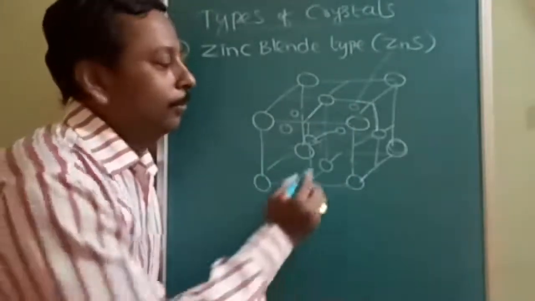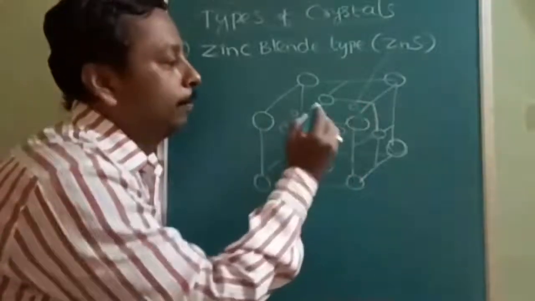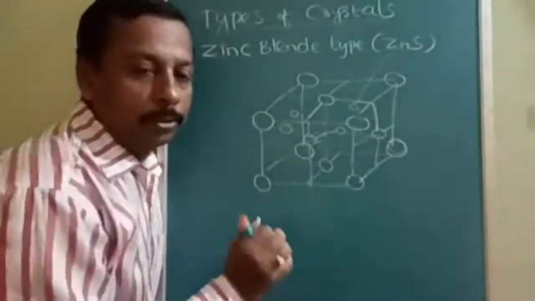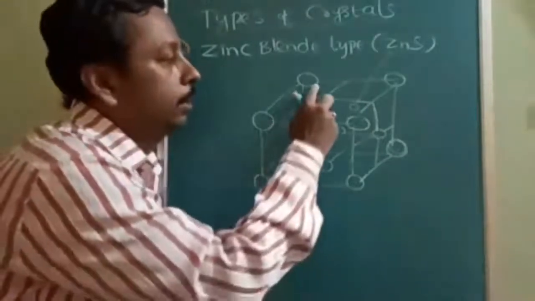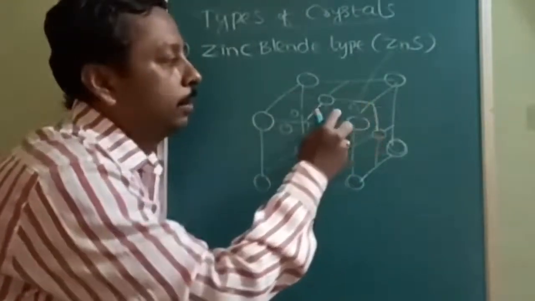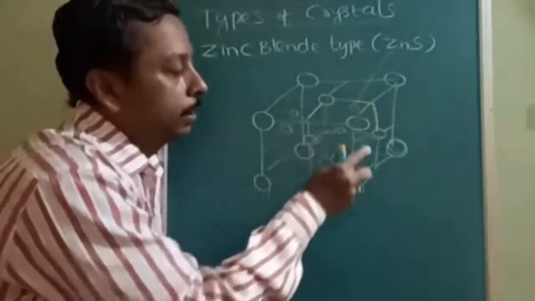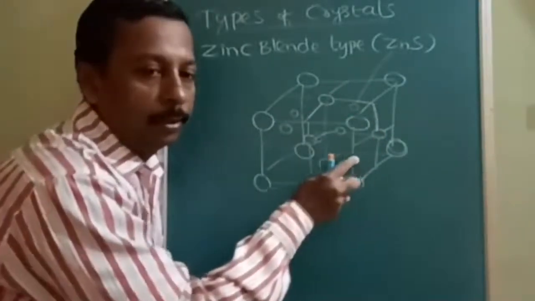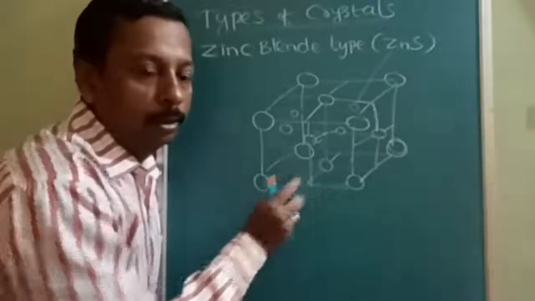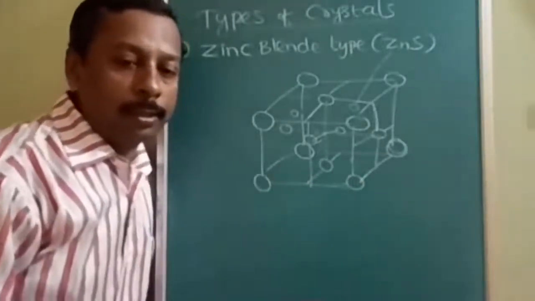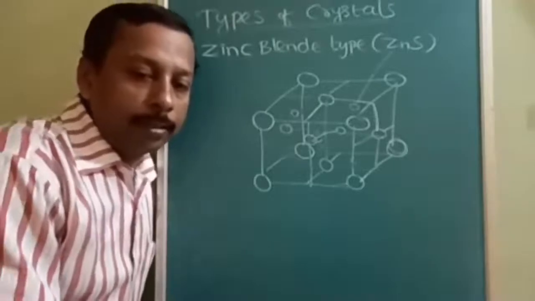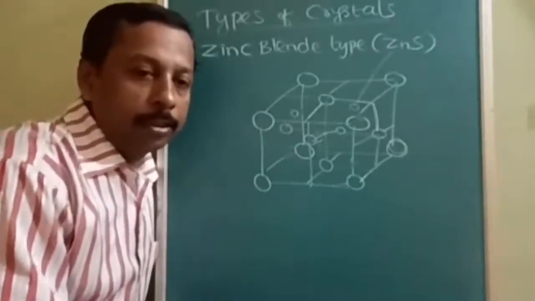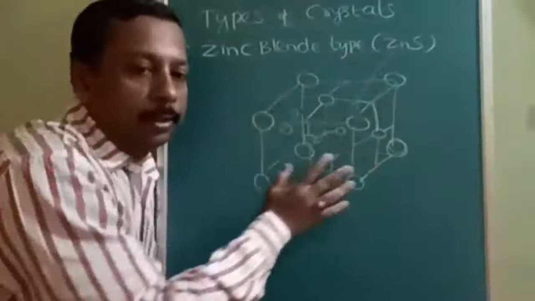So these are the diagonally opposite ones. What is alternate? This one not, and this one not here. In the same way at the bottom, in this one it will not be there, and in this direction it will be there. So alternate body centers of minor cubes. Is it understood?